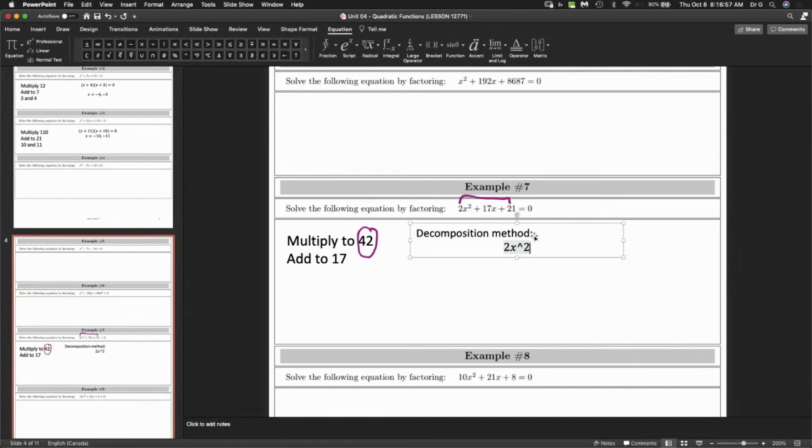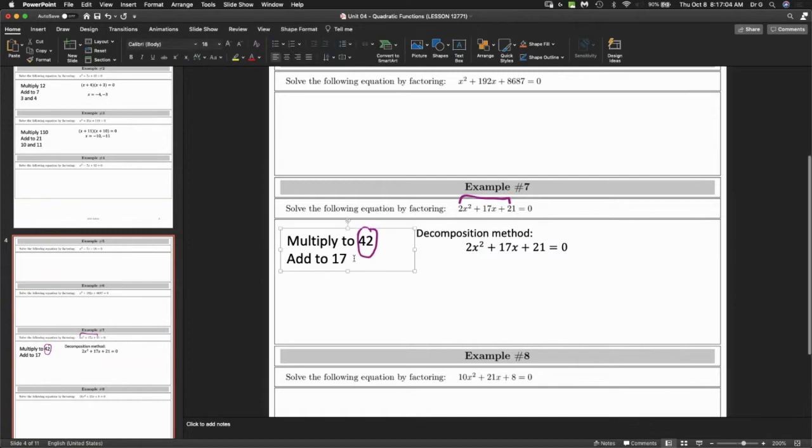I'm going to just write this down for a second, copy the question, and I'll explain to you why. So what are the numbers that multiply to 42 and add to 17? 14 and 3.